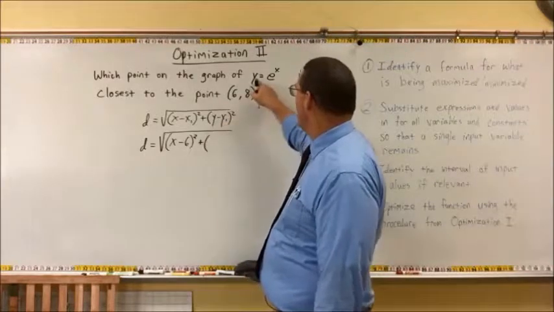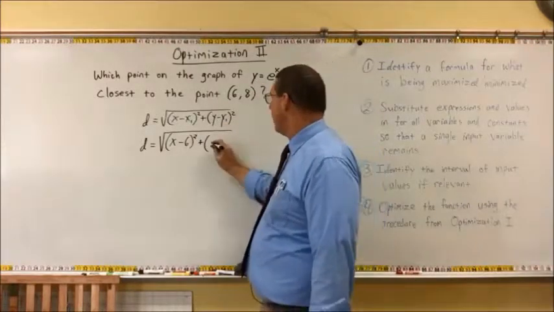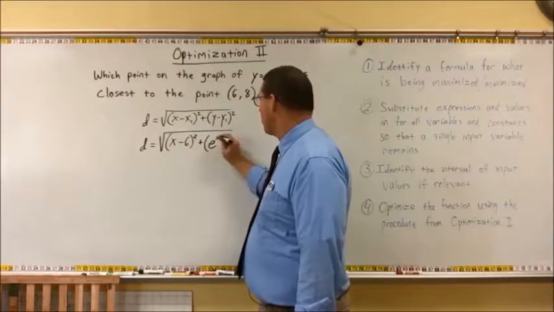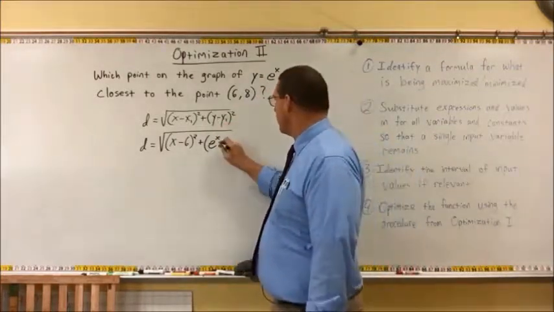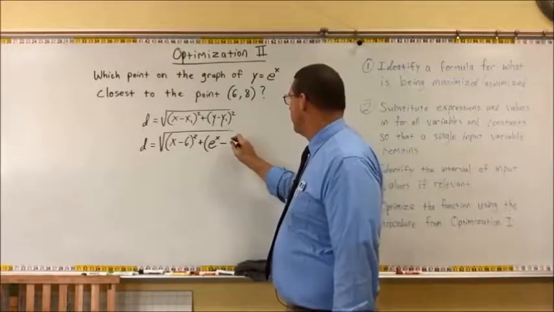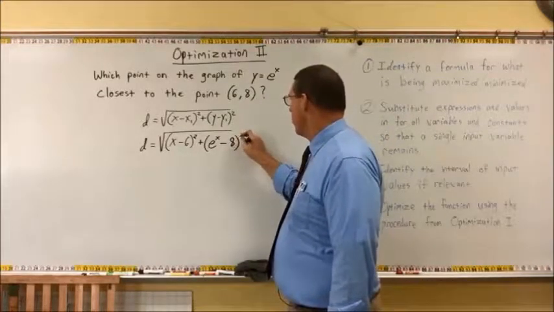Instead of the y, we'll put y is equal to e to the x, so we'll put in e to the x power to substitute in for y. Then we'll put minus, and then y1 is 8. The y value is 8 squared.